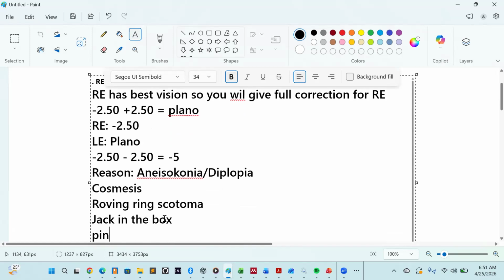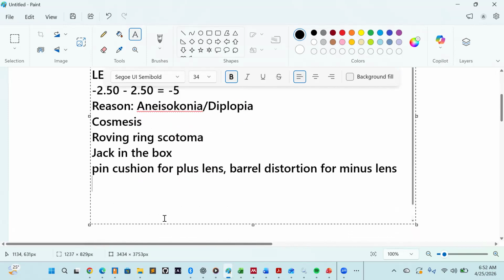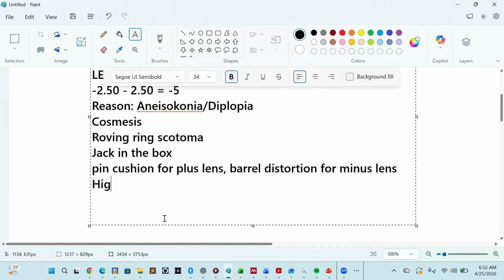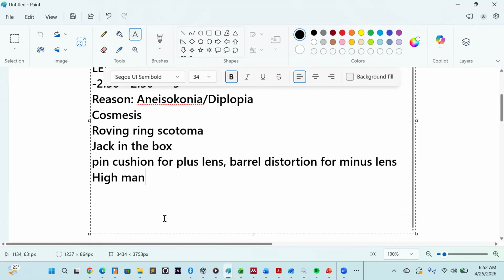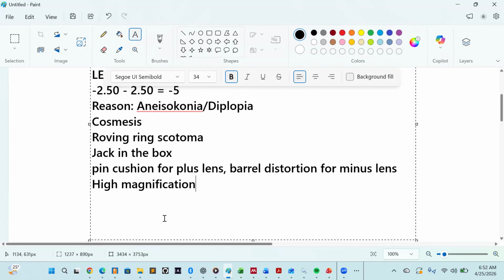If it's a minus lens, barrel distortion. Pincushion distortion for plus, barrel distortion for minus. And also high magnification. So those are the issues with it.